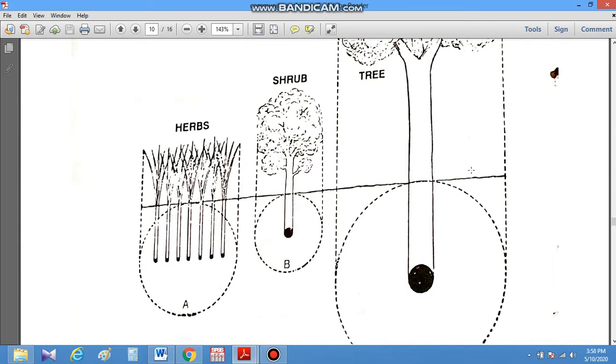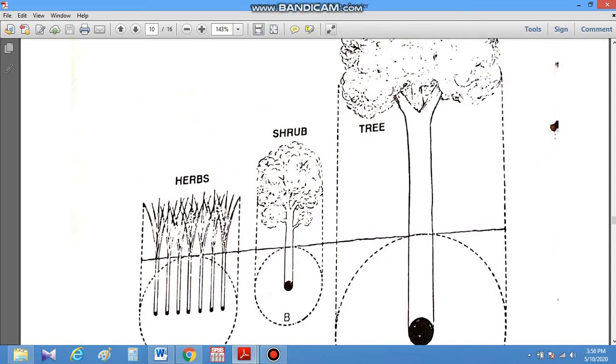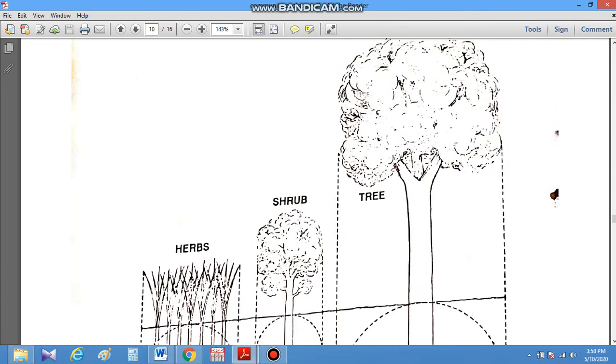Below the ground level, the area occupied by the rooted plants is the basal area, and the herbage portion, the green leafy portion above the ground, is called cover. This gives an idea about how much photosynthesis will be there in the herbs, shrubs and trees, depending upon how much herbage or green portion is present in the plant.